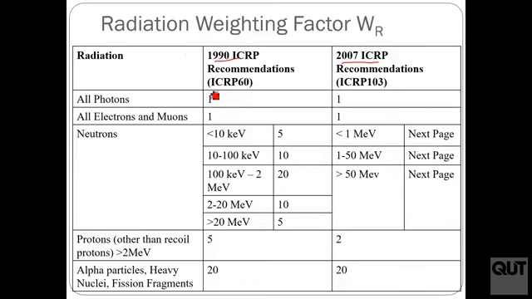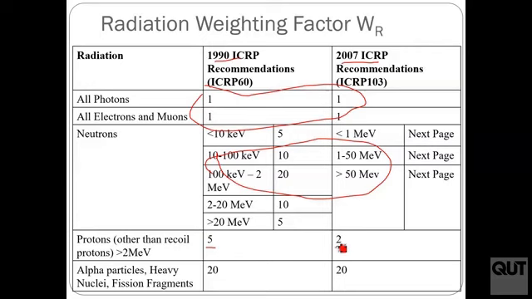For photons, electrons, and muons, the radiation weighting factor is 1. For neutrons, there's a big energy dependence here. For protons in 1990 it was a 5, meaning that protons were considered 5 times more damaging than photons and electrons.